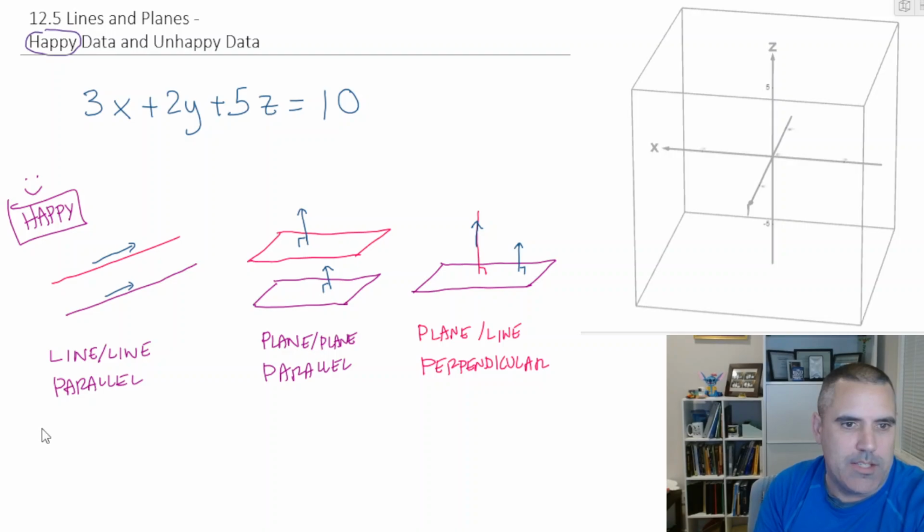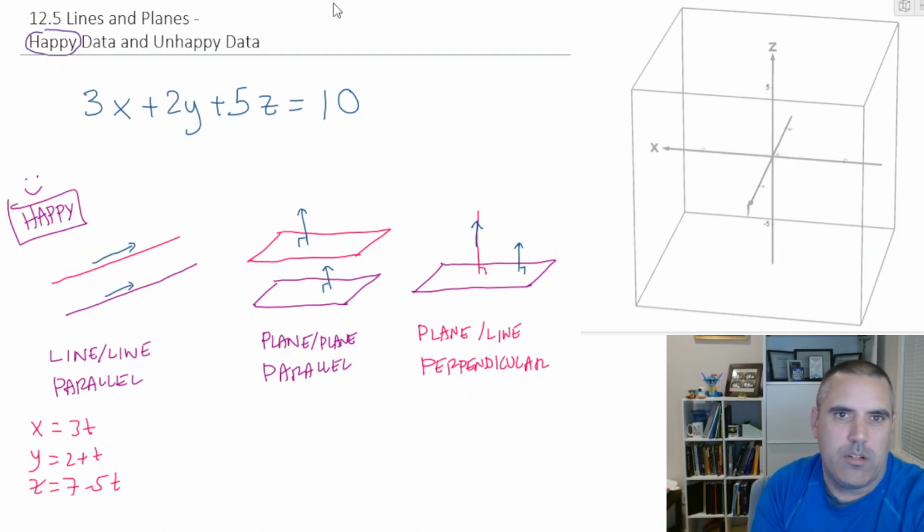So what I mean by that is, let's say I'll give you a line here: x, y, z equals 3t, 2 plus t, 7 minus 5t. And then I say, I want another line that's parallel to this line. You can use the same vector 3, 1, negative 5.